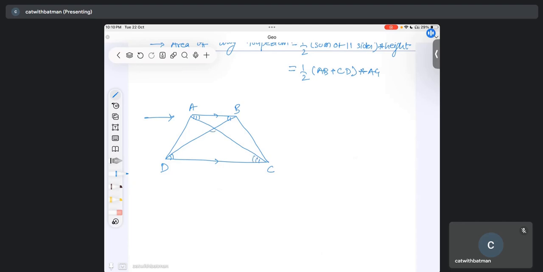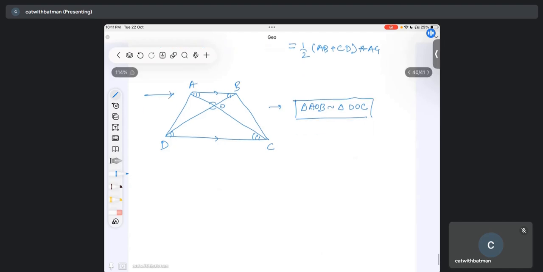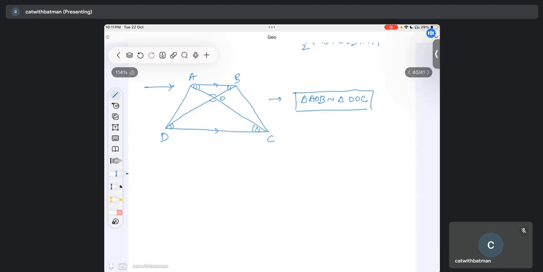And this angle, vertically opposite, will be equal to this angle. So you see, all the angles are equal in both these triangles. Let's say this is a point O, then triangle AOB will be similar to triangle DOC. So the ratio of the corresponding sides will be equal to each other. This also you can remember.